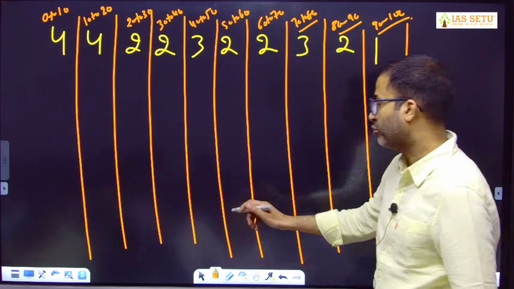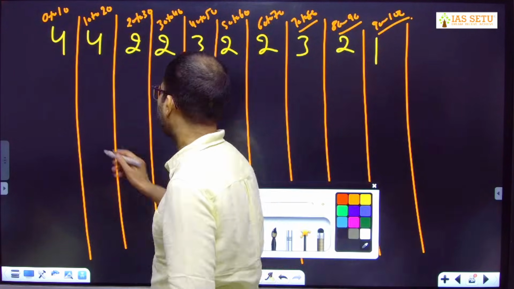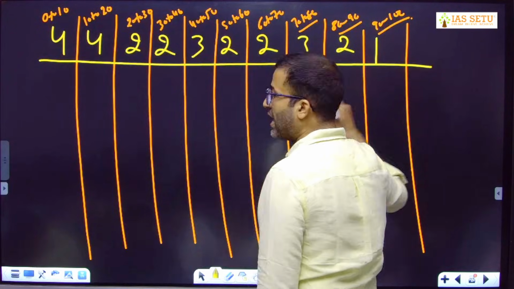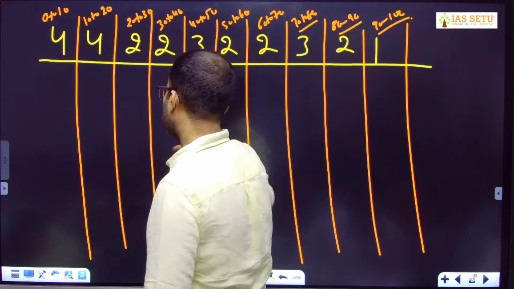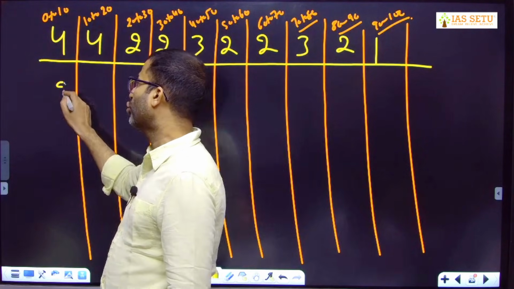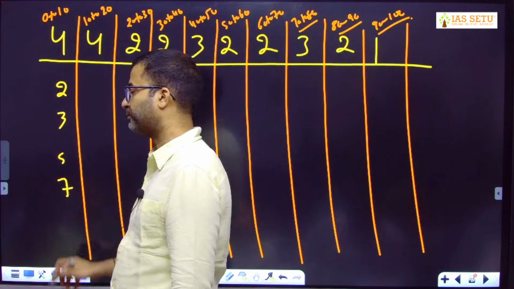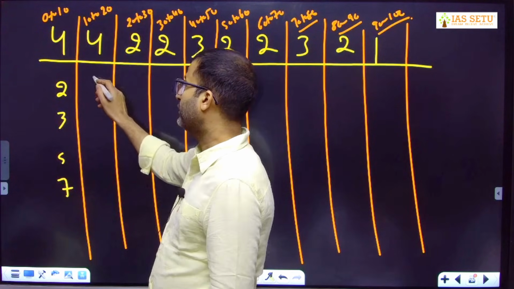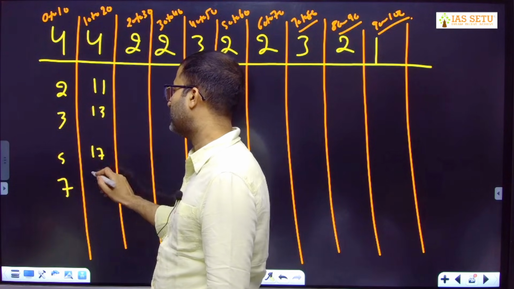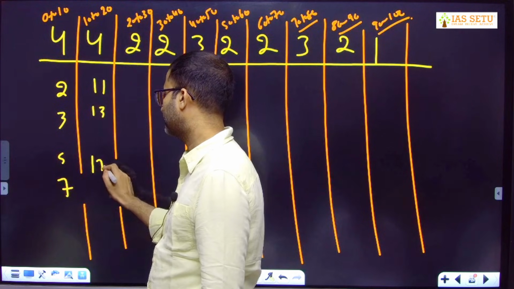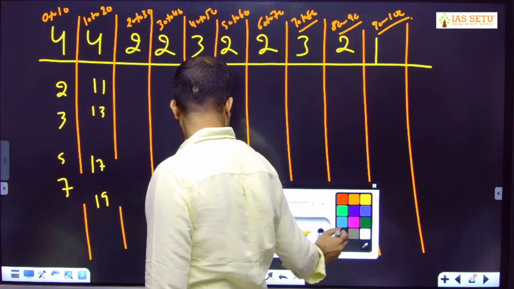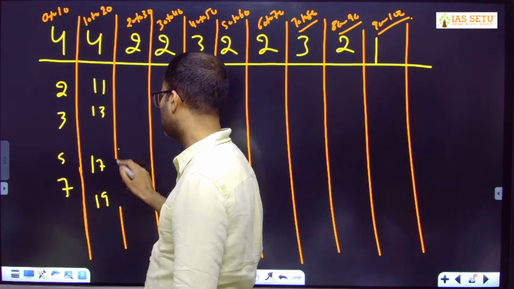Okay, see, I give the list. Starting prime number all of you know, but better you remember all this. 2, 3, 5, 7. Then 11, 13, 17, 19. ये तो सबको याद है ना.